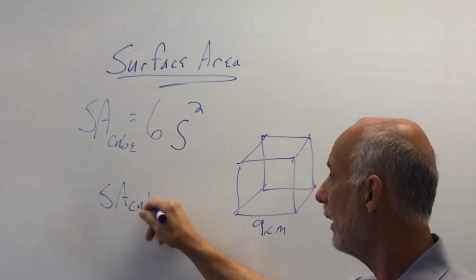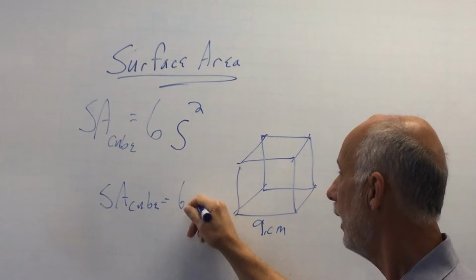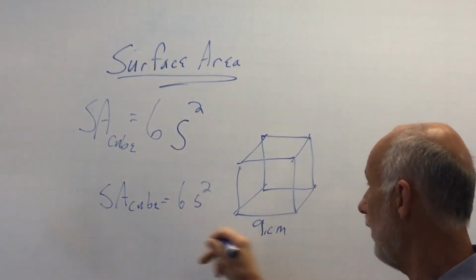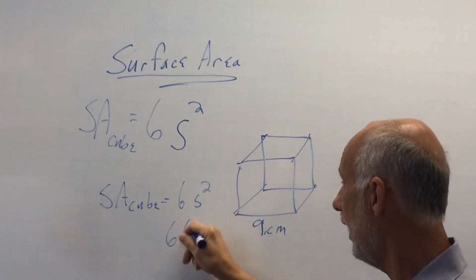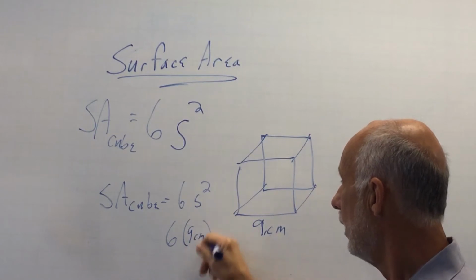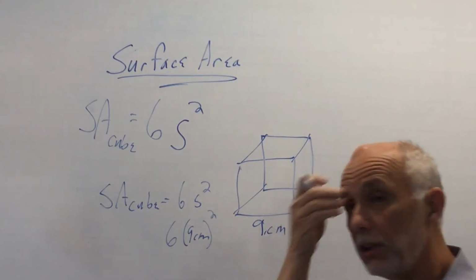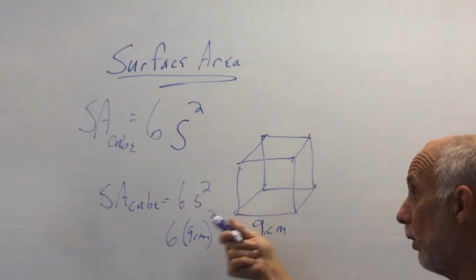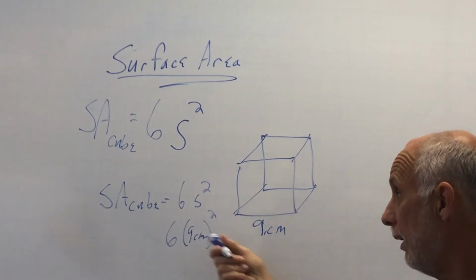All of these come back to knowing the formula, and then replacing the variable with its value, in this case, the side is 9 centimeters, and then use the order of operations. Do exponents before you do multiplying.